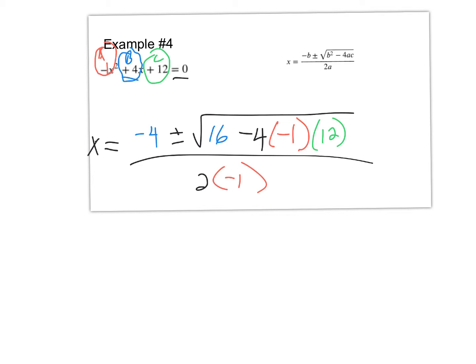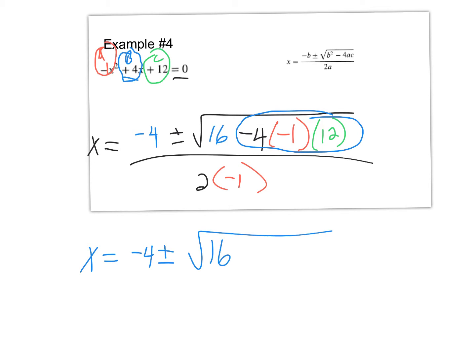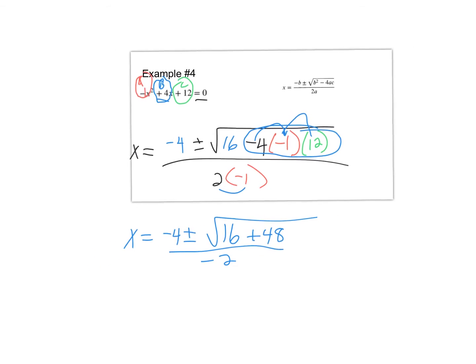All right, so now that we have this, let's start doing the work under the radical. So x equals negative 4 plus or minus radical 16. Now negative 4 times negative 1 is 4. And 4 times 12 is going to be positive 48. Divided by negative 2. Careful.